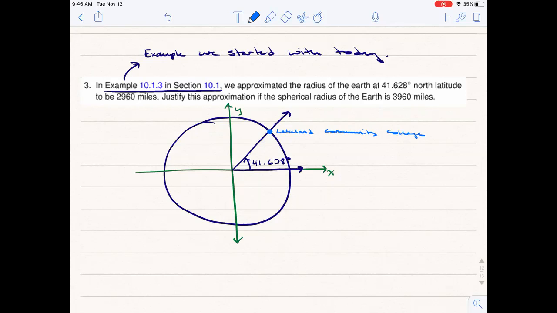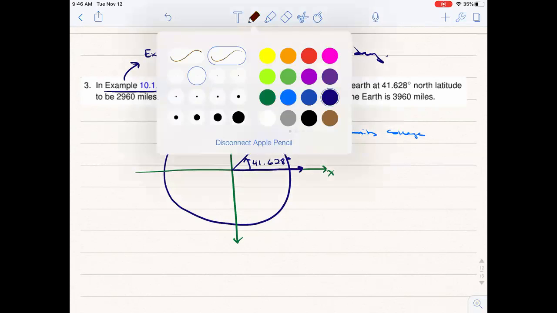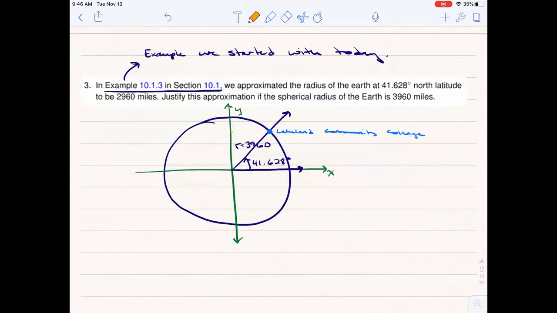And so if we know that the radius of the Earth, right, R is 3960, then what we're trying to find is this distance, right?